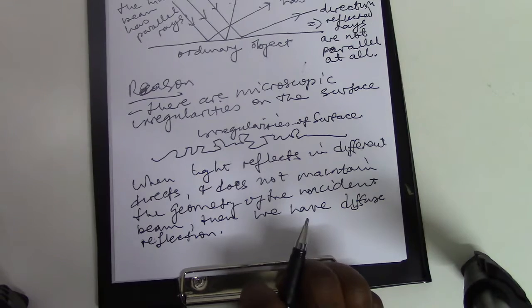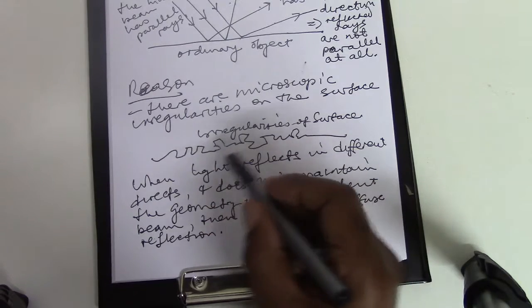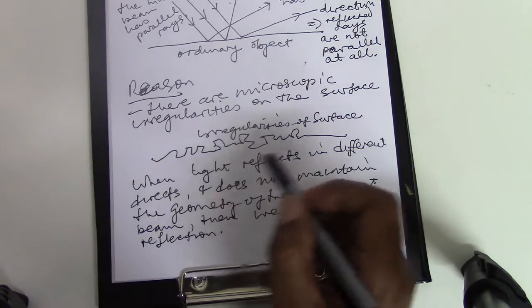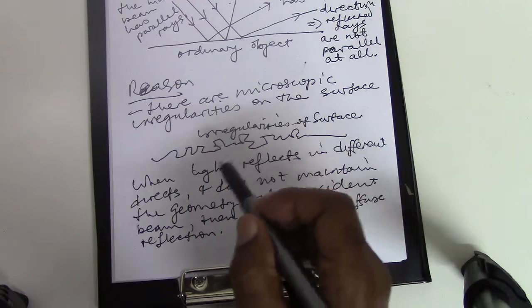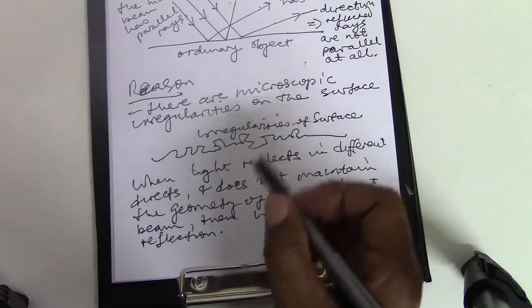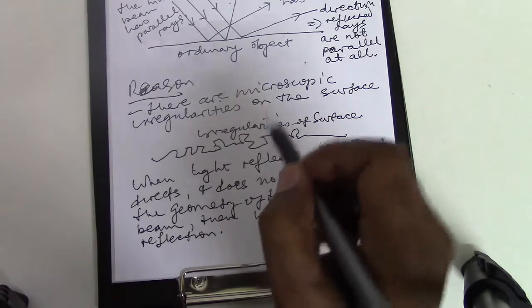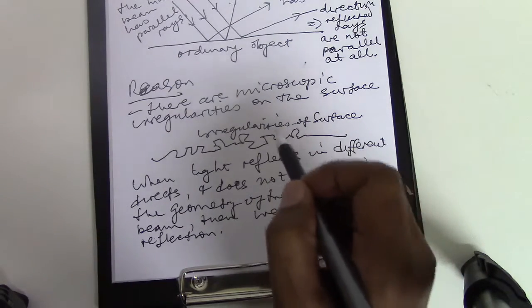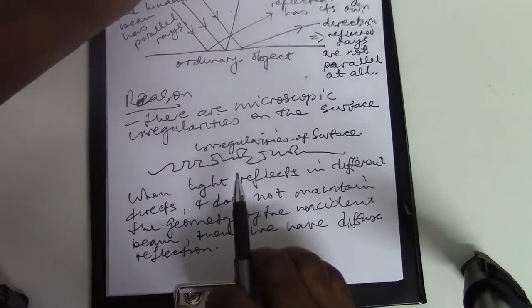The surface is made up of many small randomly oriented plane surfaces, such that each ray reflects in a different direction from its neighbor, even though each ray does obey the law of reflection. That is very important. Don't think the law of reflection is violated.